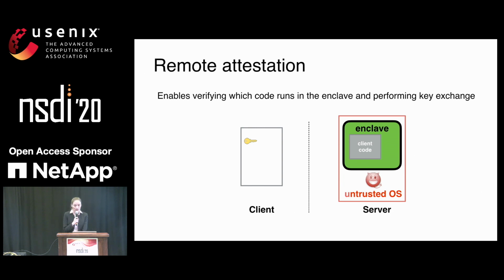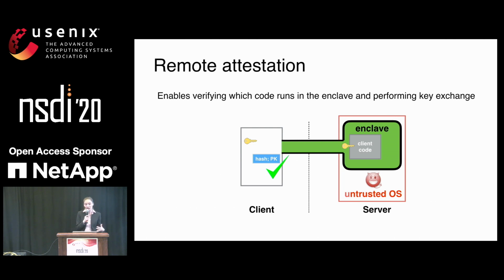Then the enclave has a mechanism called measurement, which is able to essentially hash the client code and send an attested hash, basically saying, yes, this code is running inside the enclave, and the enclave itself is certified by the vendor, let's say by Intel. The client can check the hash, and if it's happy with it, then it can establish a secure channel with the enclave by using the public key that was certified as part of the response from the enclave. And in that secure channel, it can then share a symmetric key.